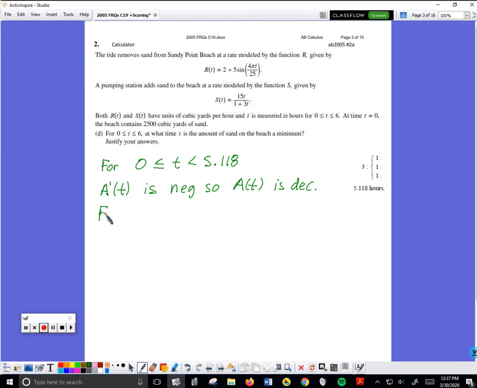And you say 4, 5.118 times 6, A of t is increasing. Back up there. So A prime of t is positive.